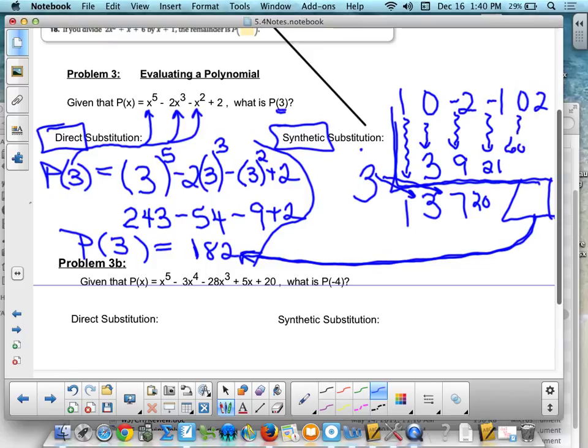Add down, 60. 3 times 60, 180. Add down, 182. So look, the remainder is exactly the same as the answer I got when I plugged in 3 directly. You can do it either way. Directly put it in, get 182, or synthetically, the remainder is the value of your function at 3.